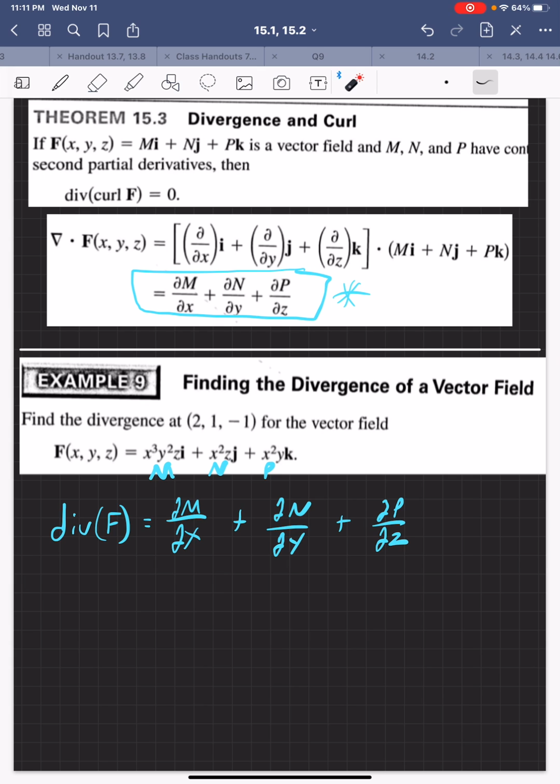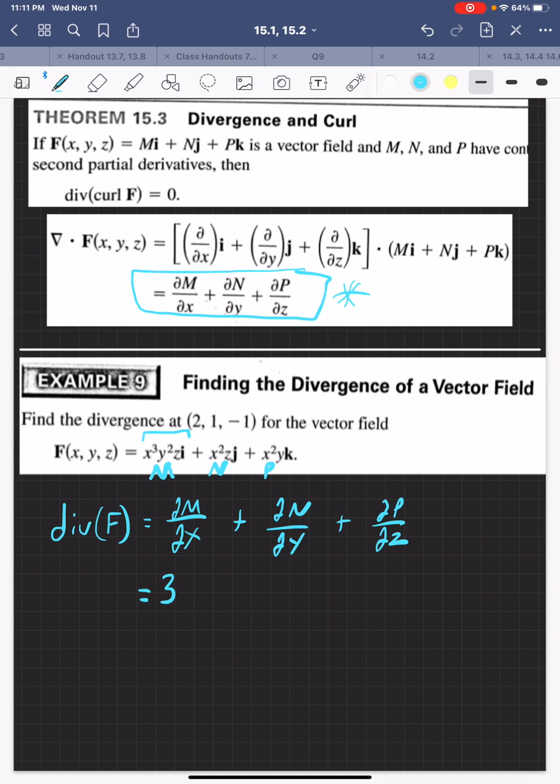So let's find the divergence at a particular point in this vector field. I went ahead and labeled M, N, P, and I want to take the partial of M with respect to x, partial of N with respect to y, partial of P with respect to z, and then take the sum of those. If I start with the partial of M with respect to x, that's treating y and z as constants.